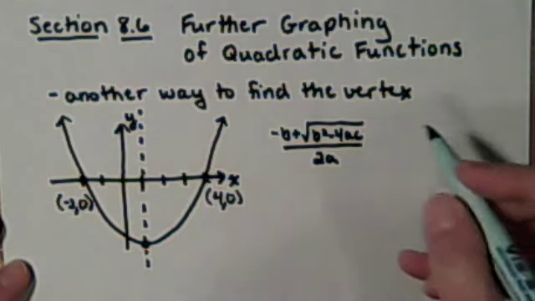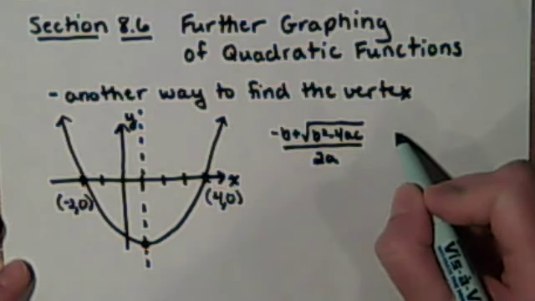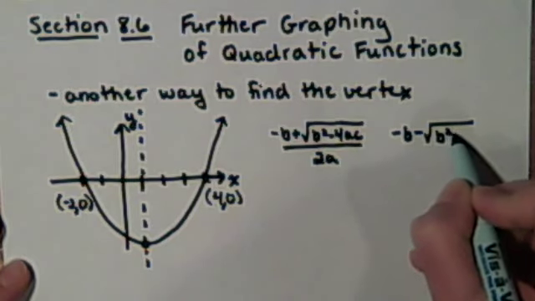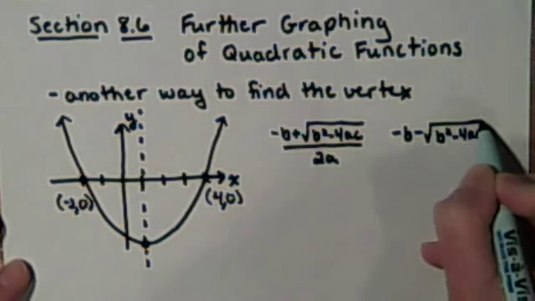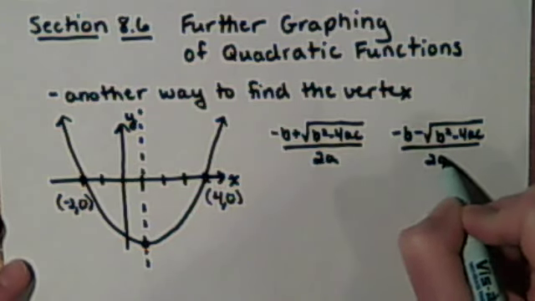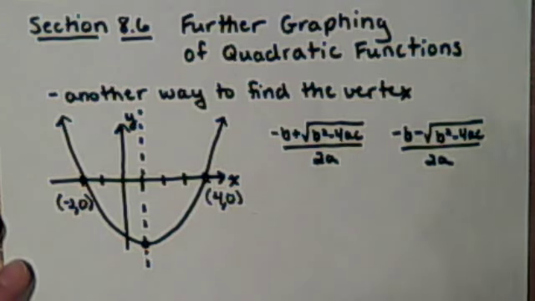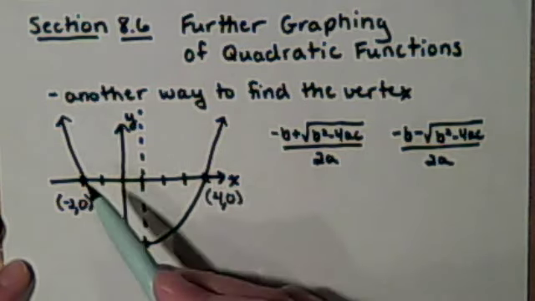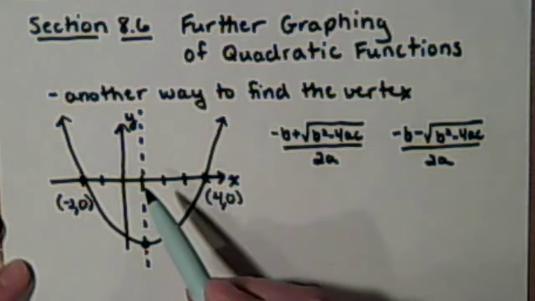Our other solution would be given by the opposite of b minus the square root of b squared minus 4ac all over 2a.